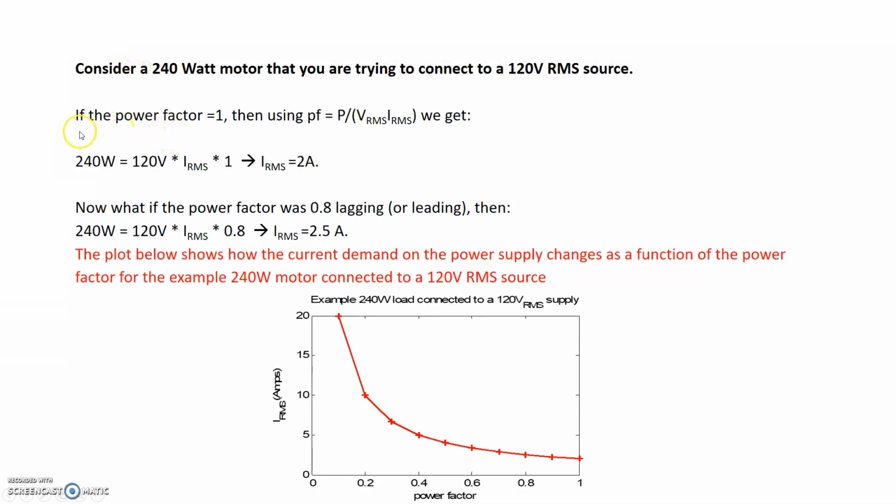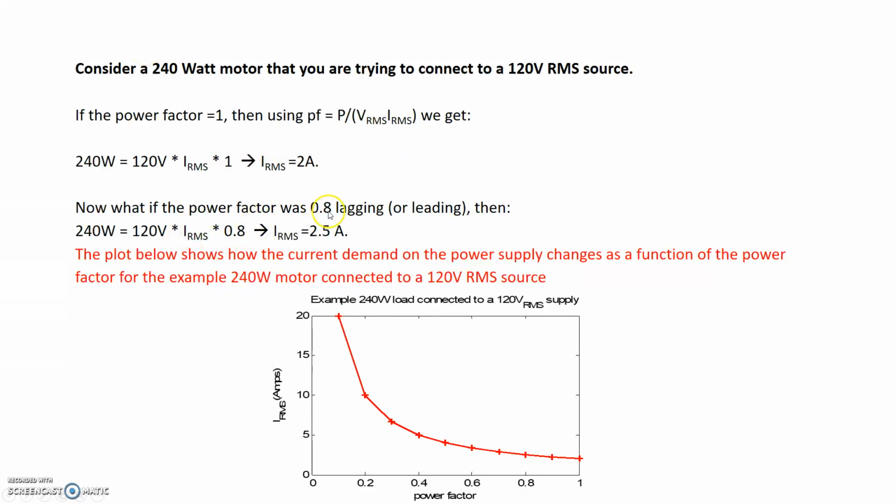Let's look at the difference between a power factor of 1 and a power factor of 0.8. We're given 240 watts, so that's real power. VRMS is given as 120 volts, so IRMS times the power factor 1 leads us to an IRMS of 2 amps. So if my power factor is 1, then the current demand from the source is simply 2 amps.